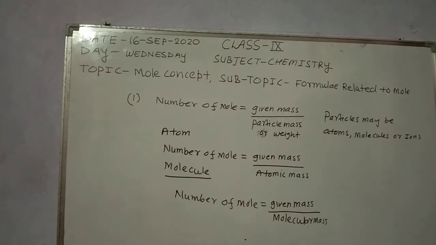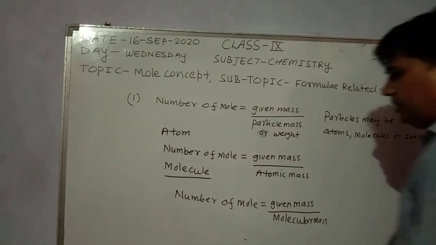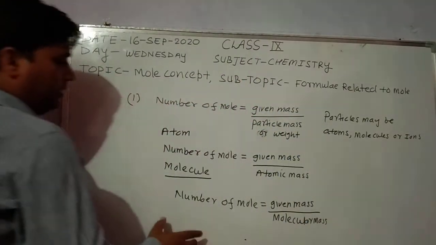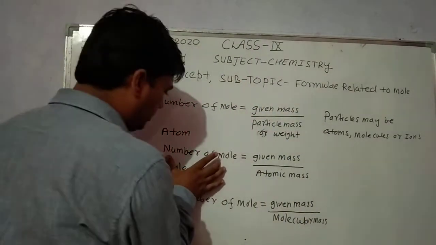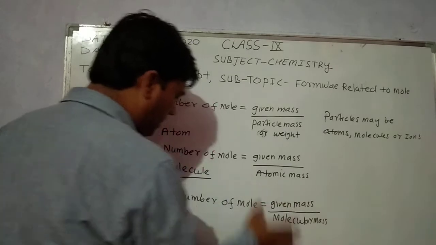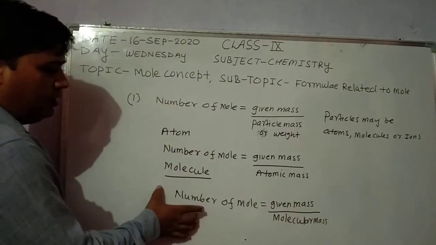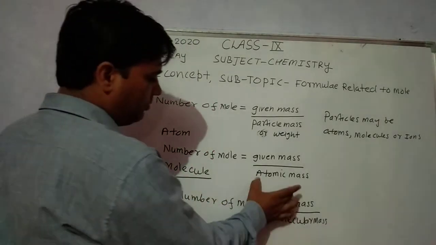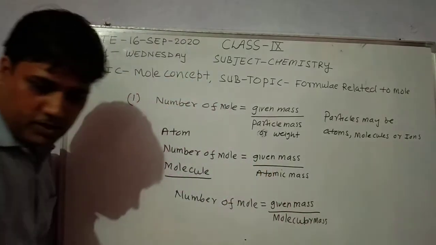So in this way we can calculate the number of moles. In case of an atom, number of moles is equal to given mass divided by atomic mass. In case of a molecule, number of moles is equal to given mass divided by molecular mass.